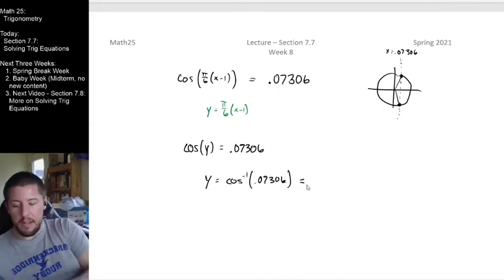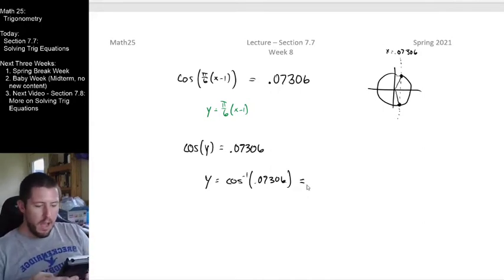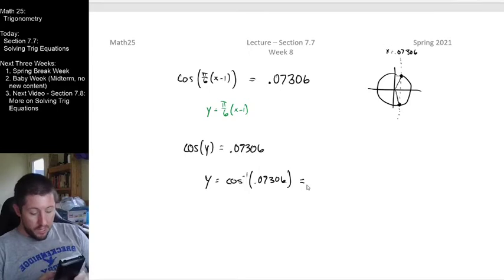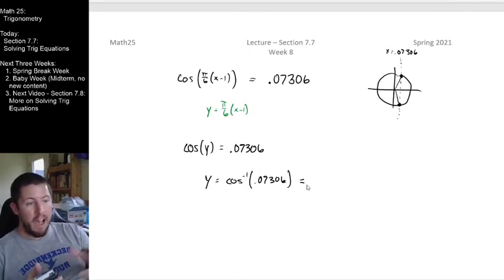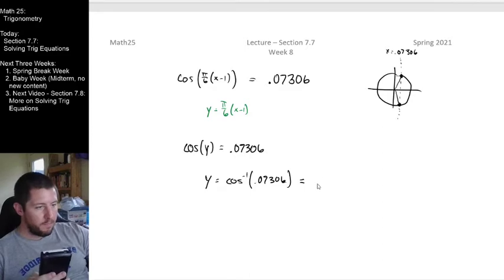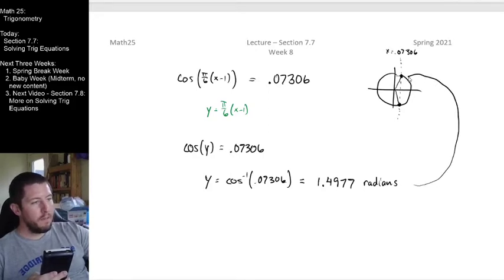So going to my calculator, I'm going to do a cosine inverse, and I can just keep the whole answer because I have that whole decimal sitting in my calculator unrounded. When I do cosine inverse here, I am getting 1.4977, and this is this angle right up here.